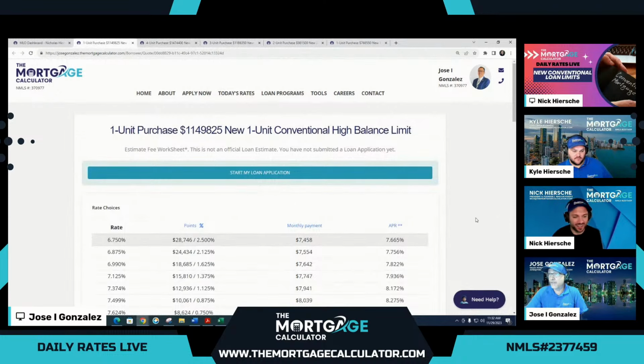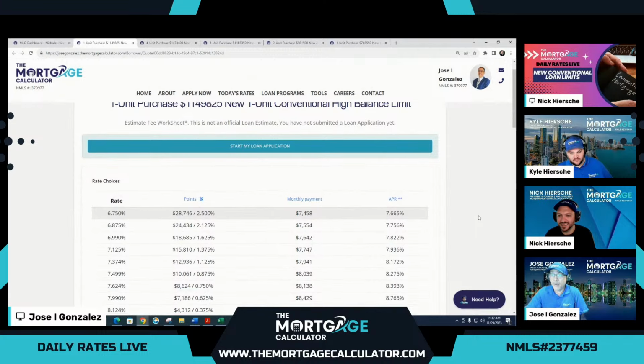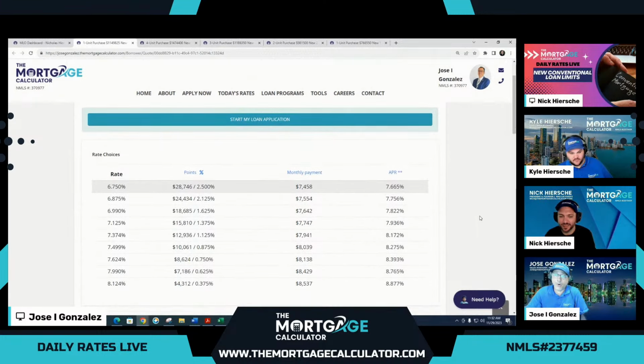So I have for you the 1 unit at the new limit of $1,149,825. Now, keep in mind that's the high cost for high cost areas. However, if you remember that list, I believe it was Alaska, Hawaii, U.S. Virgin Islands, and Guam. These would be the regular cost limits.